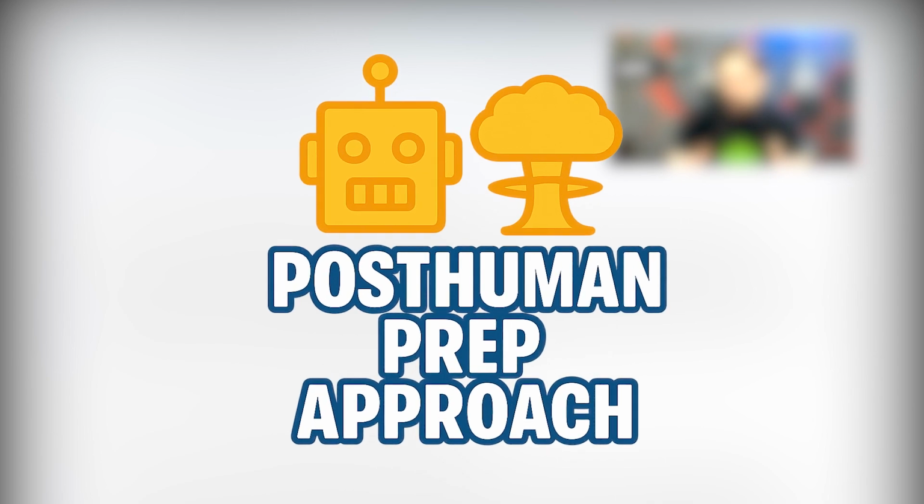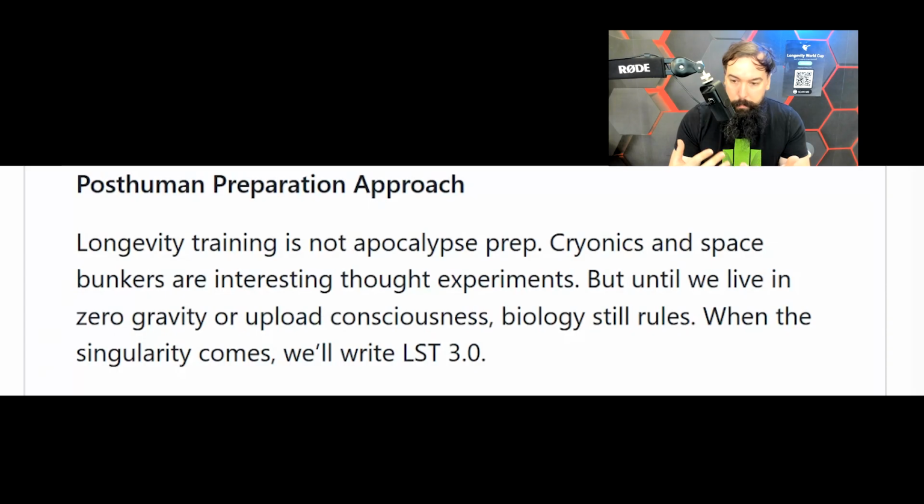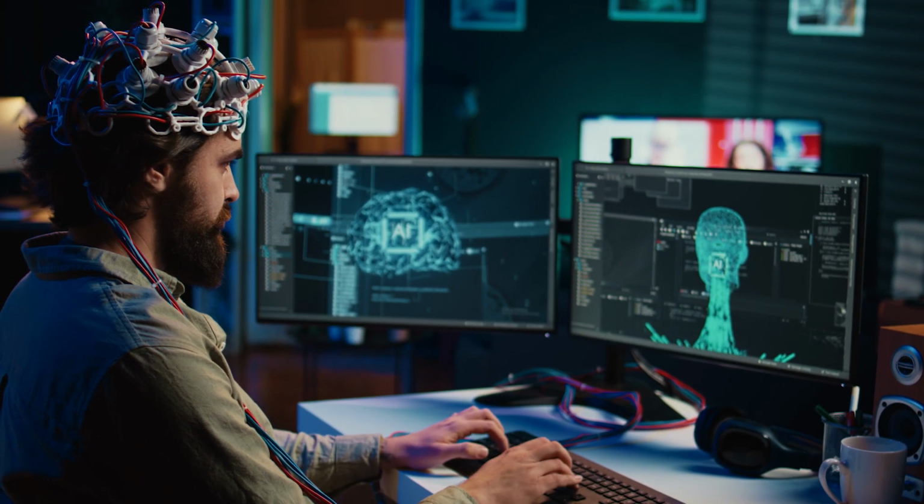Post-human preparation approach. It's possible that something is going to happen in the future, right? That changes everything. But we don't know what and when. If something happens, then we might rewrite this entire documentation to include extreme cold training because the world is freezing over, something like that.